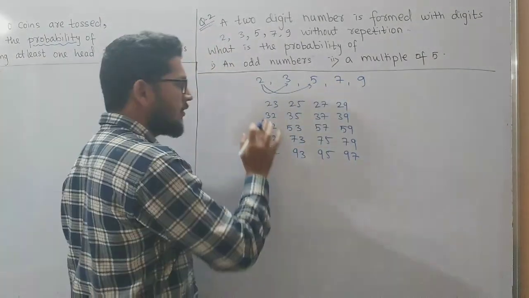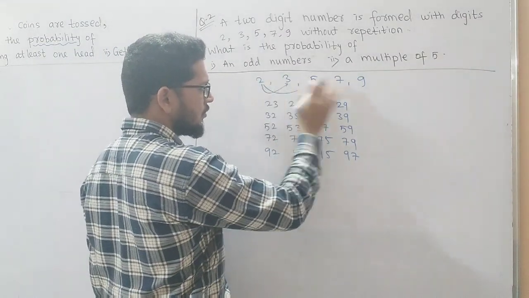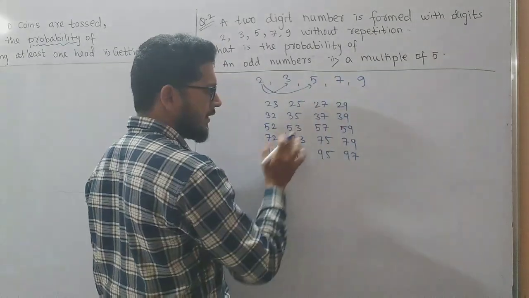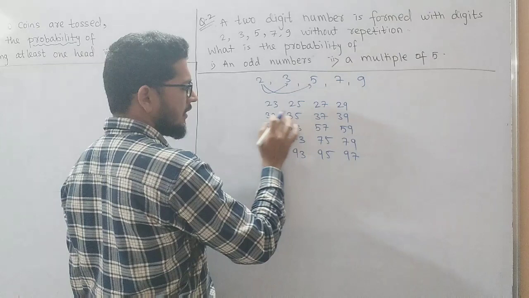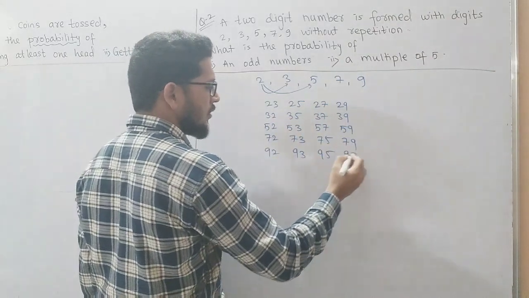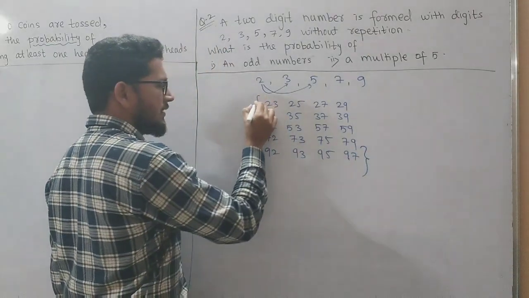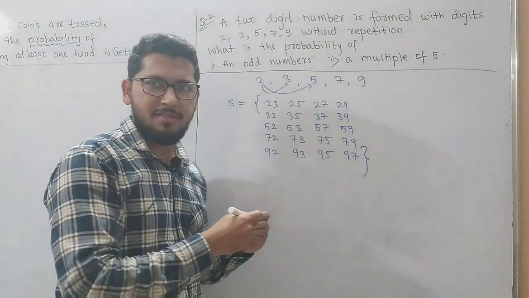So how many numbers are there? 1, 2, 3, up to 20. So this will be the sample space.